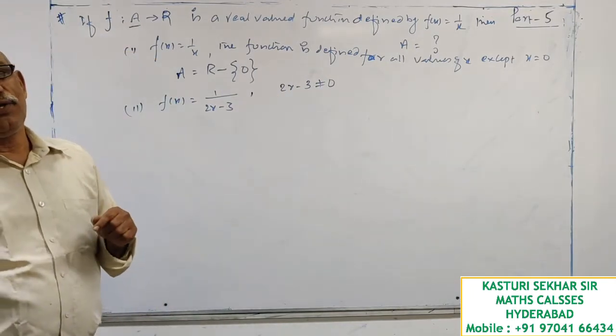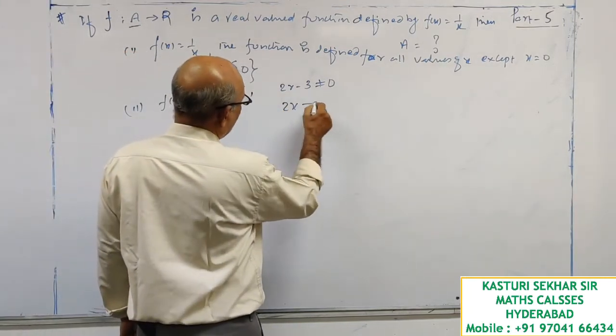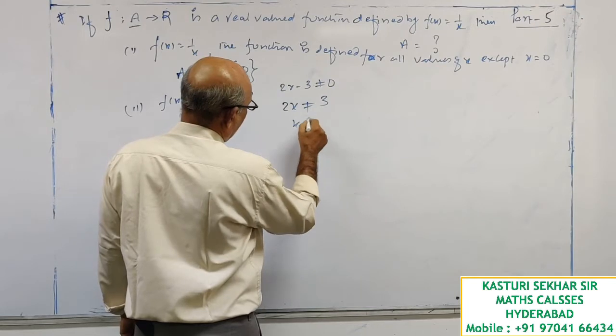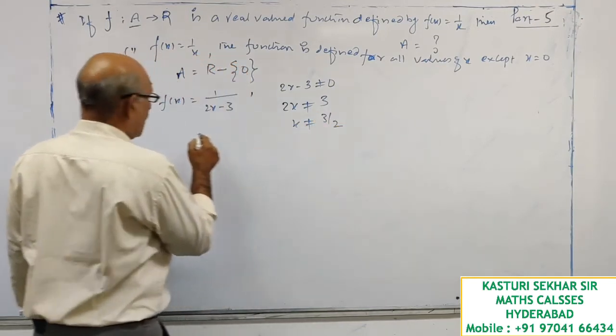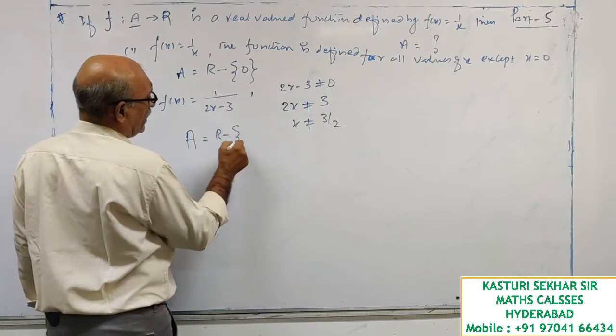When it is equal to 0, the function will become infinity. It means 2x is not equal to 3, x is not equal to 3 by 2. Therefore, A is equal to R minus {3 by 2}.